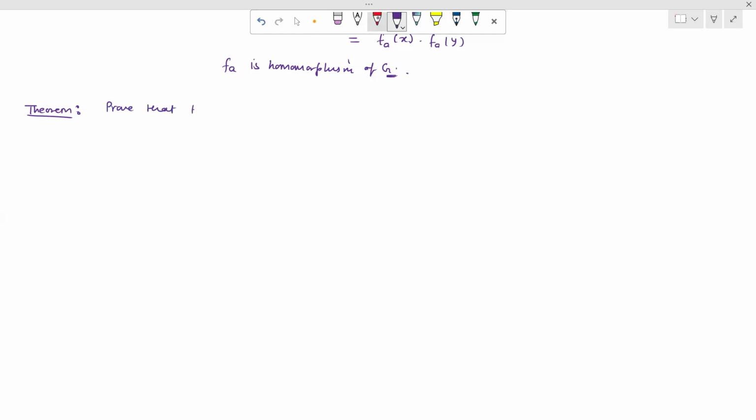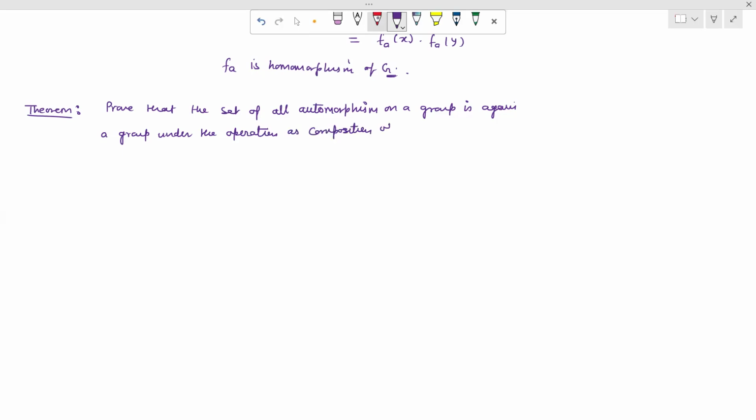Prove that the set of all automorphisms on a group is again a group under the operation of composition of functions. So we shall prove this theorem.